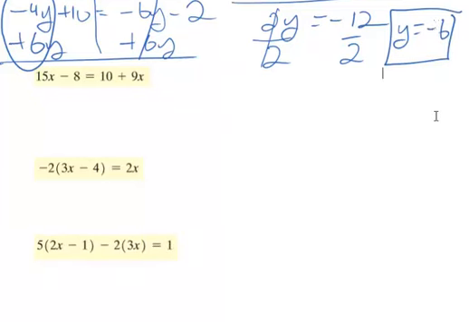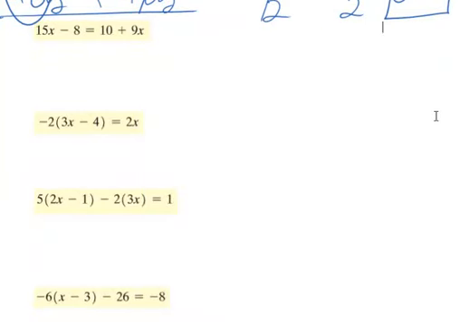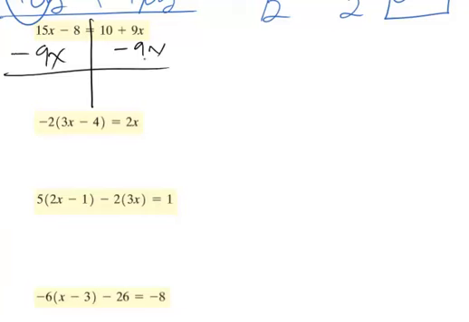Okay, let's try the next one here. So I have 15x minus 8 equals 10 plus 9x. Okay, so just like we've done before, go ahead and draw my line going down. I'm going to move my smaller x, so I'll go minus 9x and minus 9x. Okay, so 15x minus 9x is a 6x minus 8 equals 10.